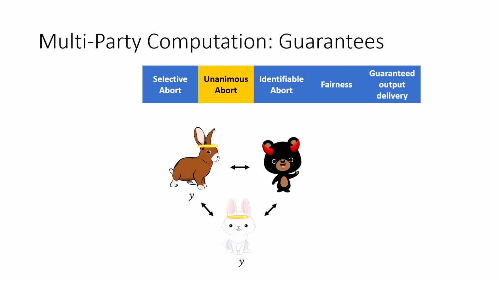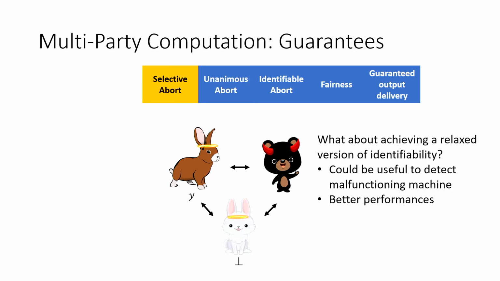Namely, if the computation aborts, all the parties unanimously abort, and the adversary is still allowed to recover the output. Finally, we get the weakest definition, selective abort, which says that if the adversary aborts, it is allowed to recover the output, and some honest parties may abort while some other parties may retrieve the output.